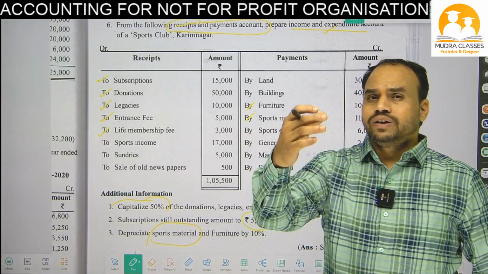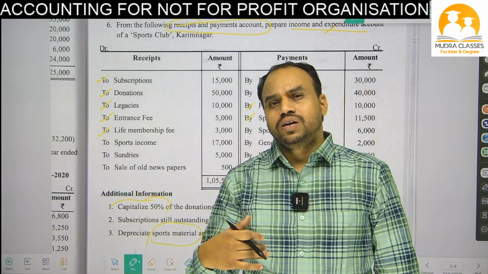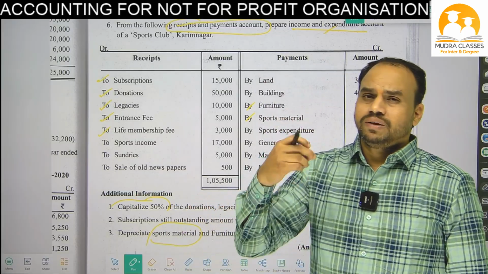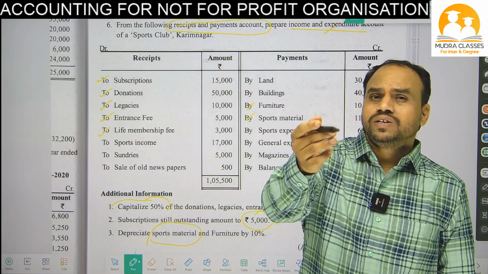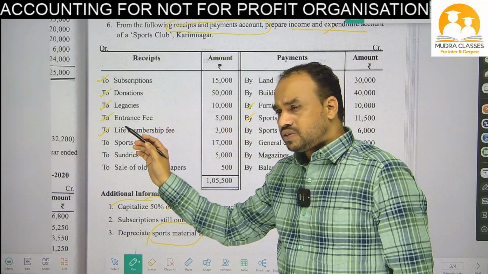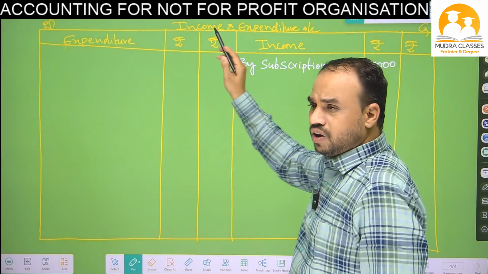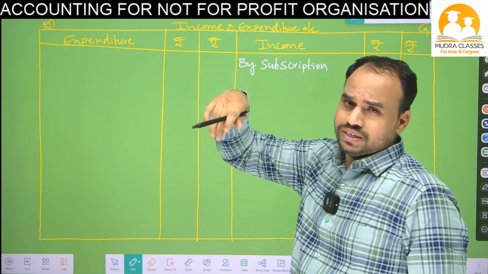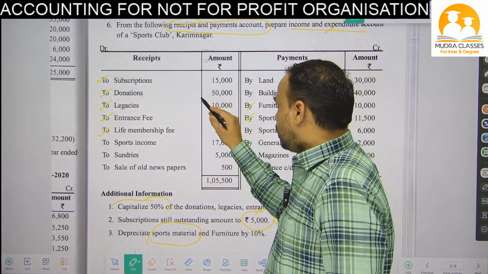Or, one person donates 1 lakh rupees and asks to arrange a library in that colony, that is also called specific donation. That means that person gives money and also says the work for which the money must be utilized. Generally, specific donations are not written in the income and expenditure account, we write them on the liability side of the balance sheet.